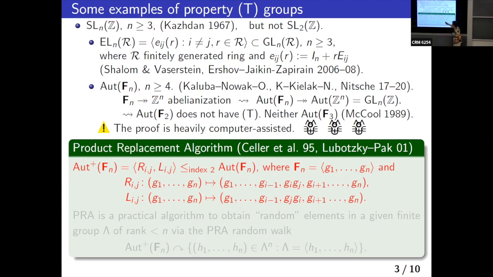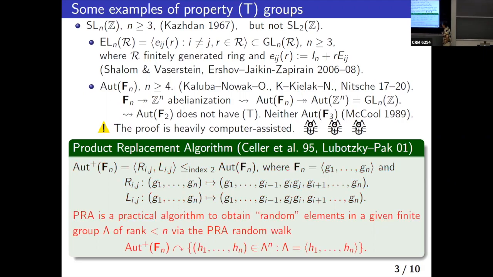That's the right elementary transform, but putting g_j from the left and from the right are different when G is a non-commutative group. So it has left transvection and right transvection. And the product replacement algorithm is an algorithm for random sampling in a given finite group.